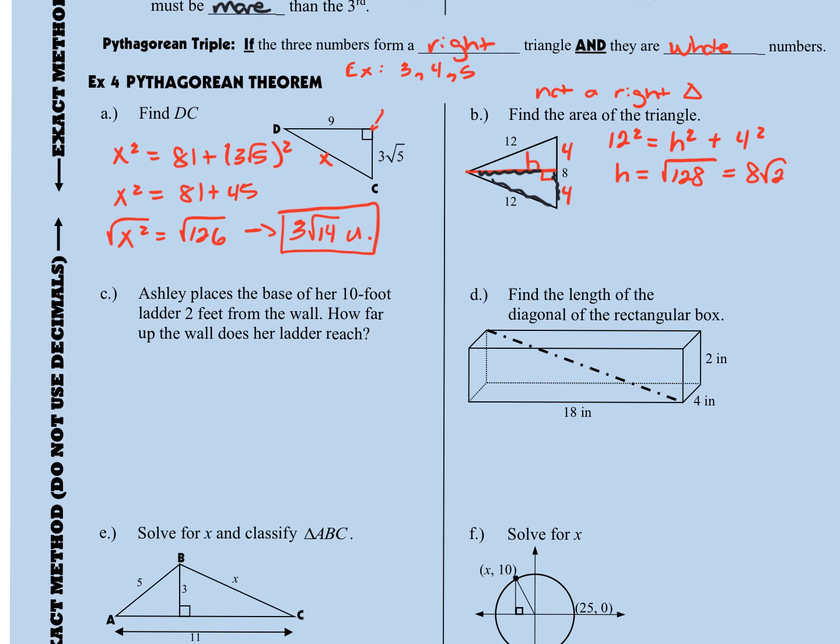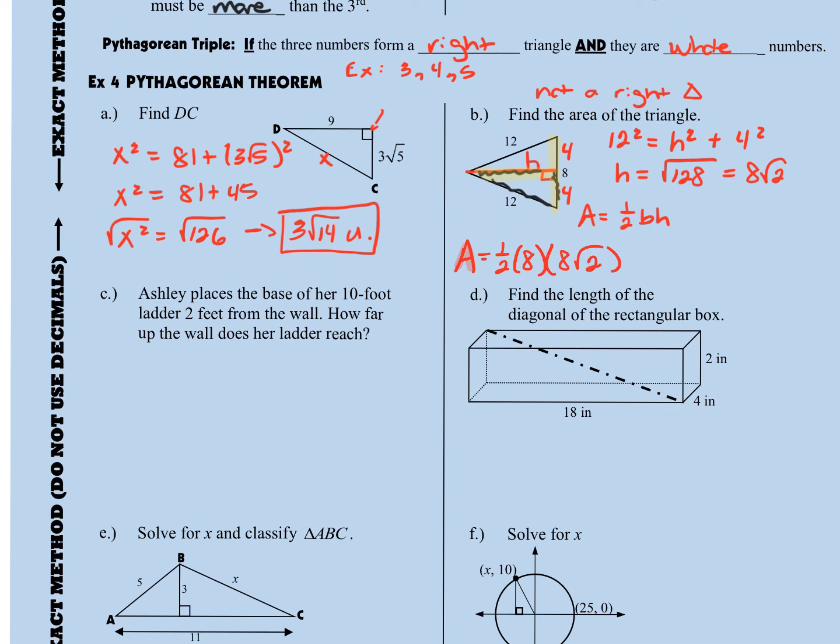Now, when we go to calculate the area of this triangle, we want to do 1/2 base times height. The base is going to be this entire side and our height that we just calculated. So the area is going to be 1/2 times the base, that entire side of 8, times the height we just calculated of 8 radical 2.